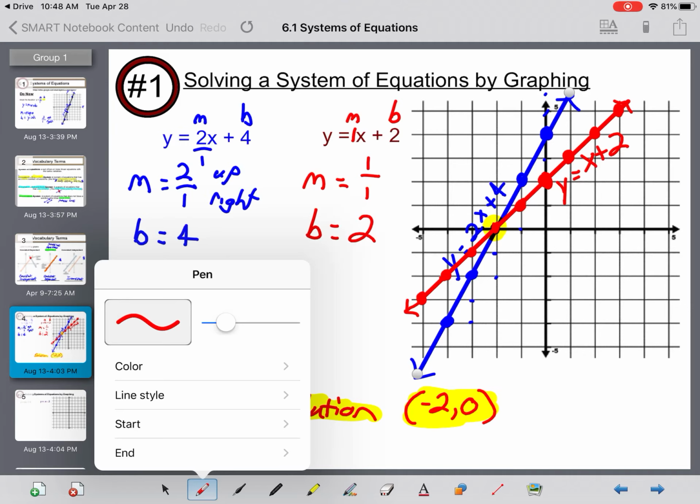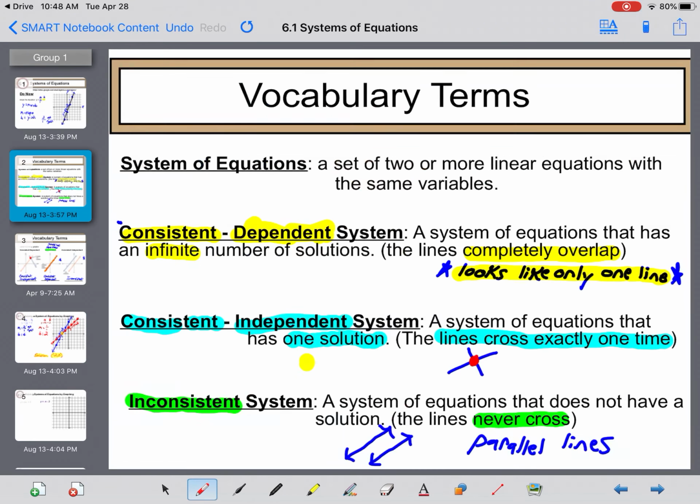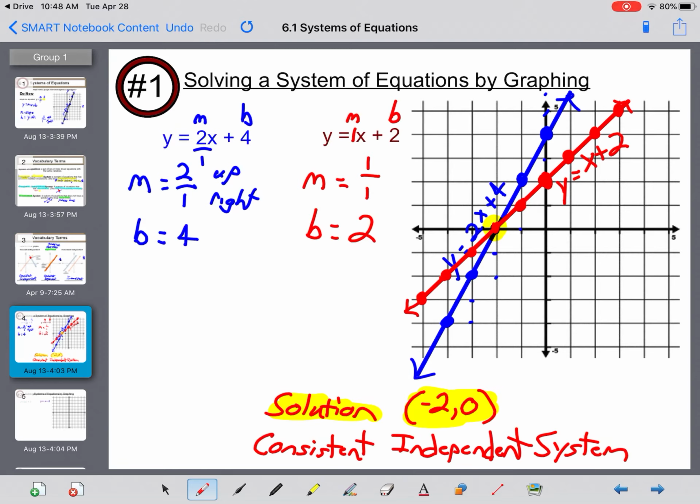So, if I were to ask what type of system is this, well, they create an X-like shape and there is one solution. Consistent, independent system. So I'm just going to write that on the bottom. Consistent, independent system.